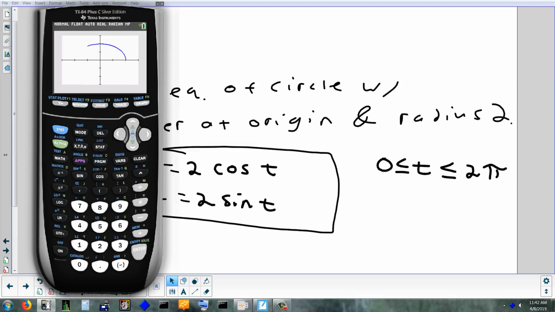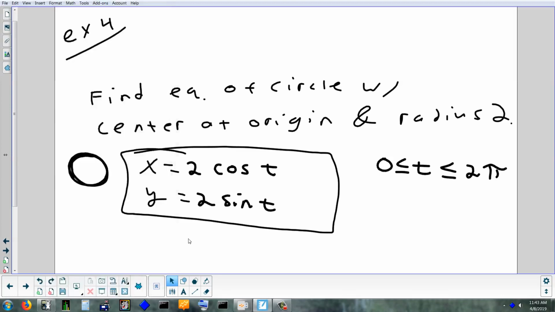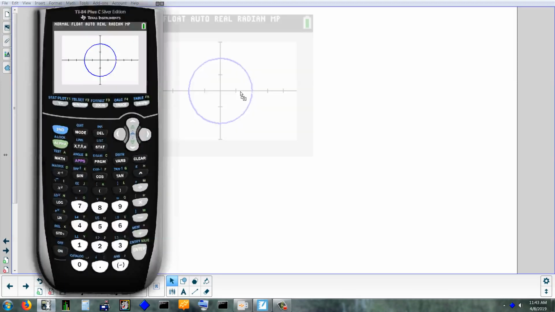That is a circle, and that is radius 2, because if you look carefully, it goes 2 units in each direction. But if you want it to look proportional, just go zoom 5. And now it'll make it look more circular. So that's what it should look like.